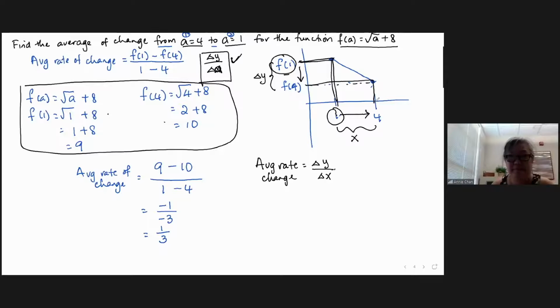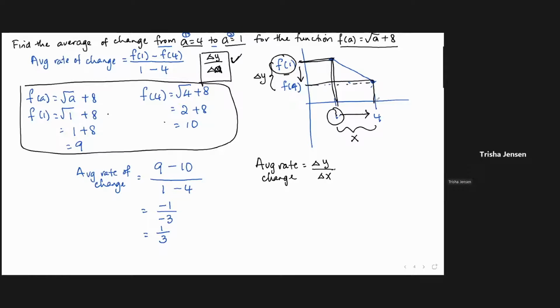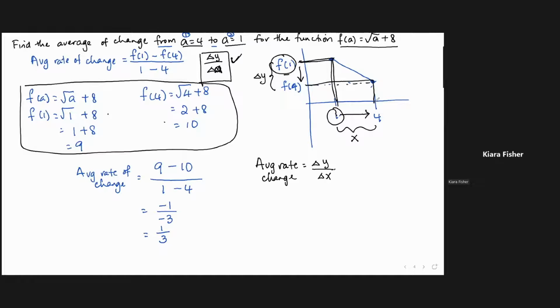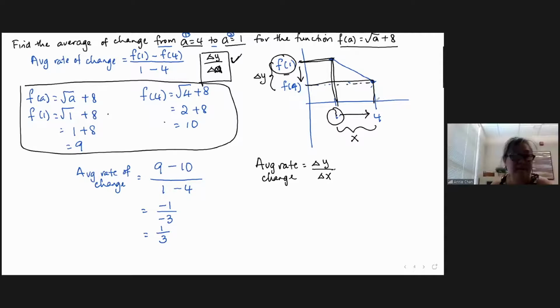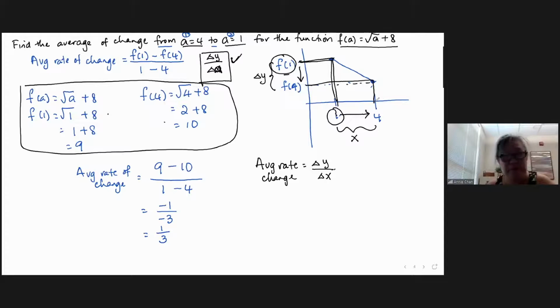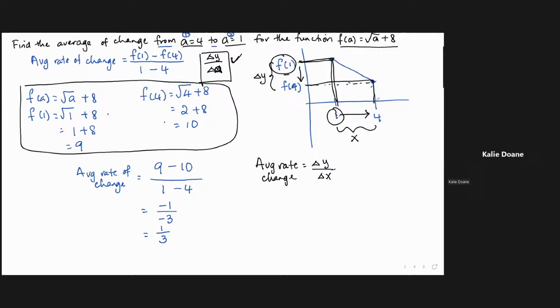Trisha, does this make sense? Yeah, it does. Kiara? Yeah, that makes sense. Carolyn? Yeah, I was just cracking up at your explanation. As long as you remember, you can have a crack at it anytime. Kaylee? Yeah, I got it.